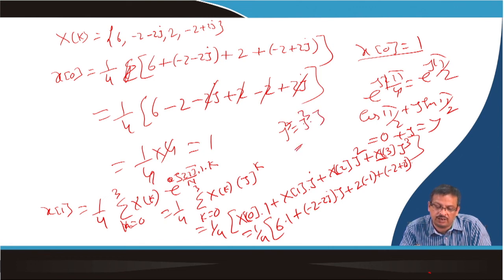So what is j square? It is minus 1. So minus j.